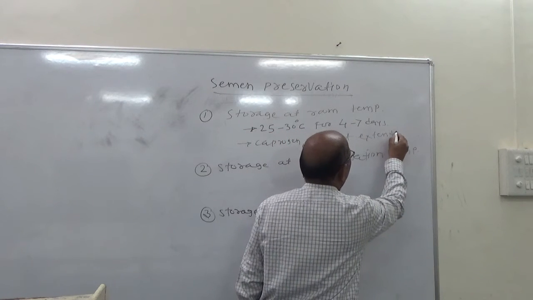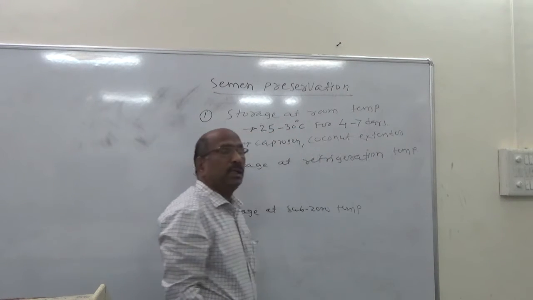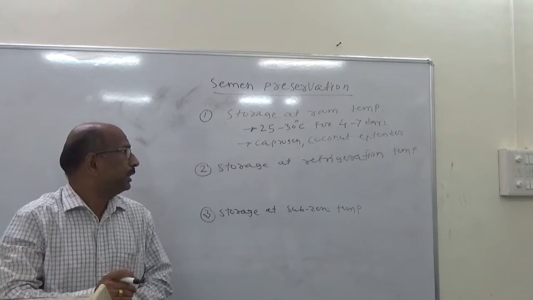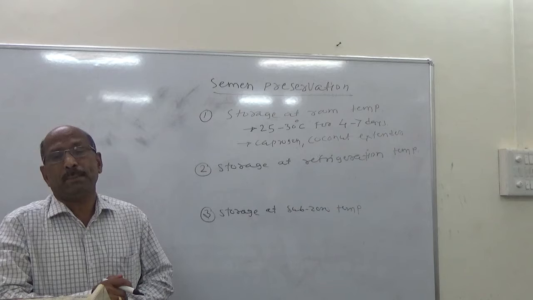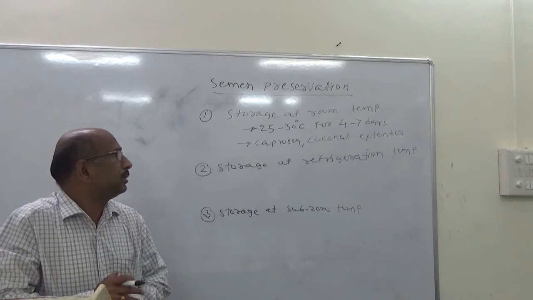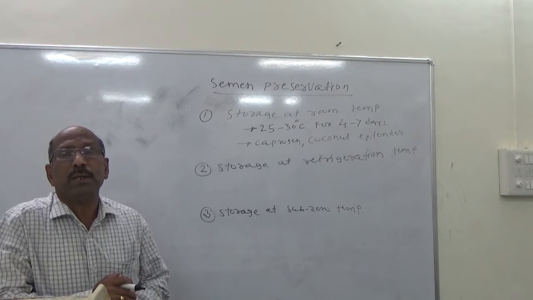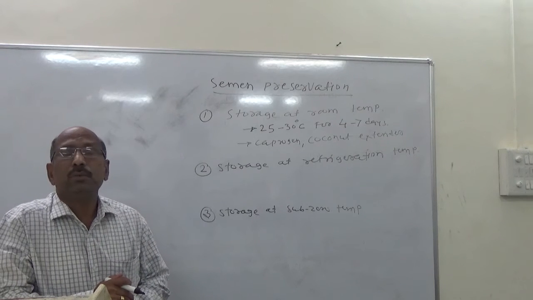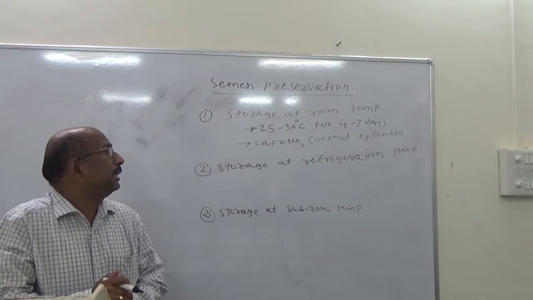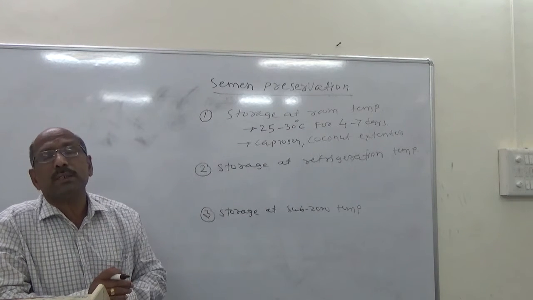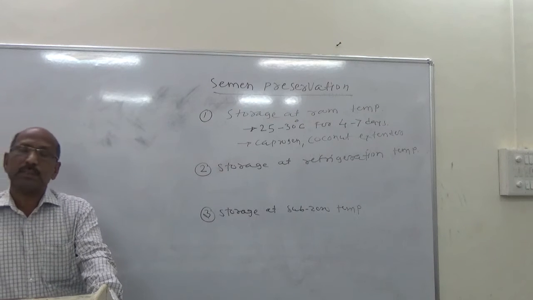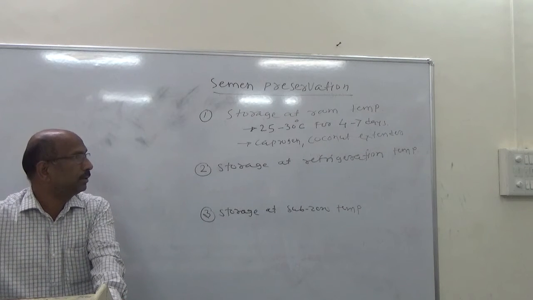In room temperature, the semen can be preserved at 25 to 30 degrees centigrade for only 4 to 7 days. That's why caprogen and coconut extenders are commonly used for preservation of semen at room temperature.